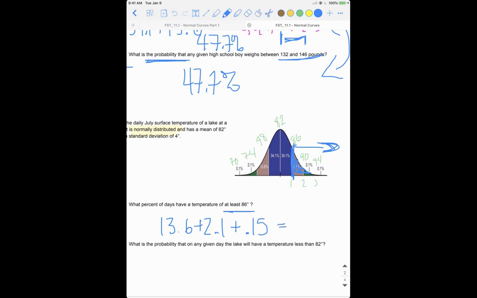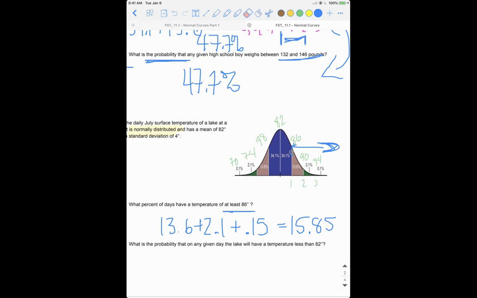If we add those up, 13.6 plus 2.1 plus 0.15, we get approximately 15.85. So 15.85% of the days should have a temperature of at least 86 degrees. That helps us with the at least questions.